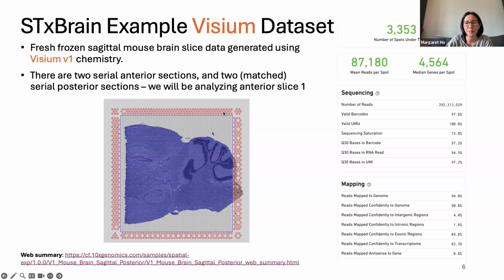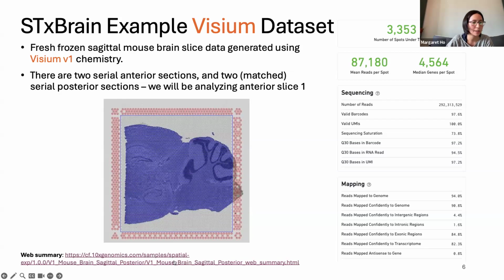This allows everything to be oriented precisely so that we can get the precise XY locations of every barcoded spot. And 10x Genomics, when they generate this data and run it through Space Ranger, will provide a web summary to show some of the details about the data set.